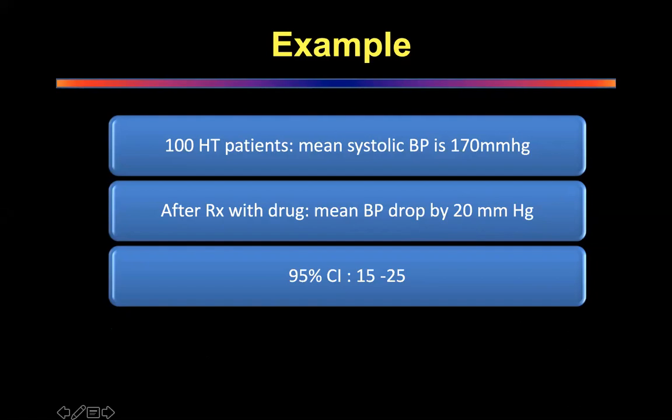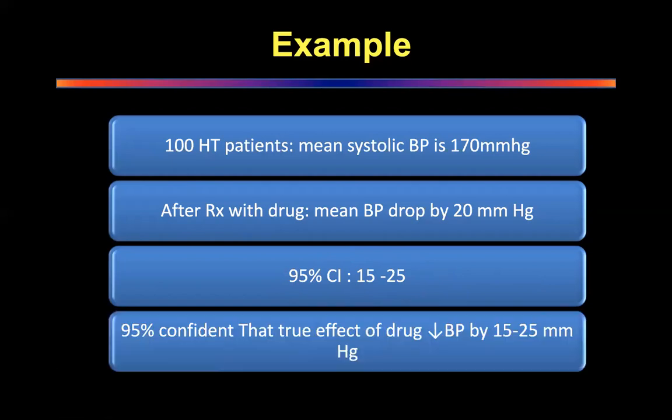When we put a 95% confidence interval in the statistical package, it came up with a value of 15 to 25. So we are 95% confident that in the study population it dropped by 20 millimeters, but in the general population, the blood pressure will drop by 15 to 25 millimeters. That is what is meant by a confidence interval.